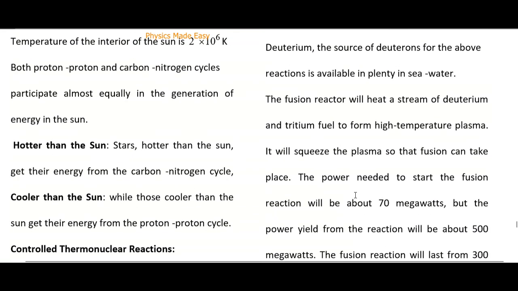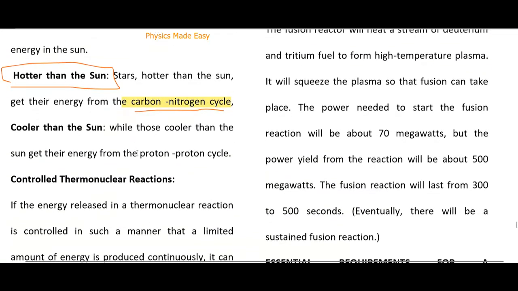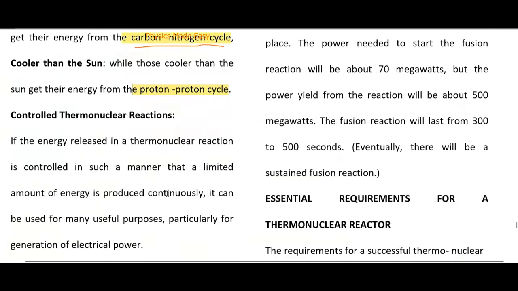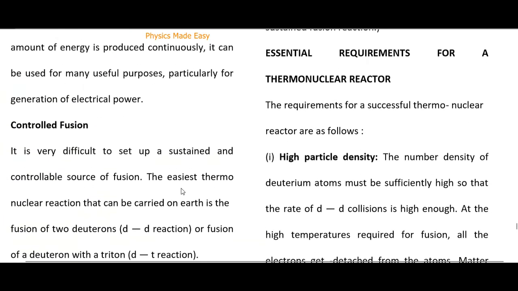Now, there are two kinds of stars. Stars which are hotter than the sun follow the carbon-nitrogen cycle, and stars which are cooler than the sun follow the proton-proton cycle. This is another important fact. Now, controlled thermonuclear reactions.